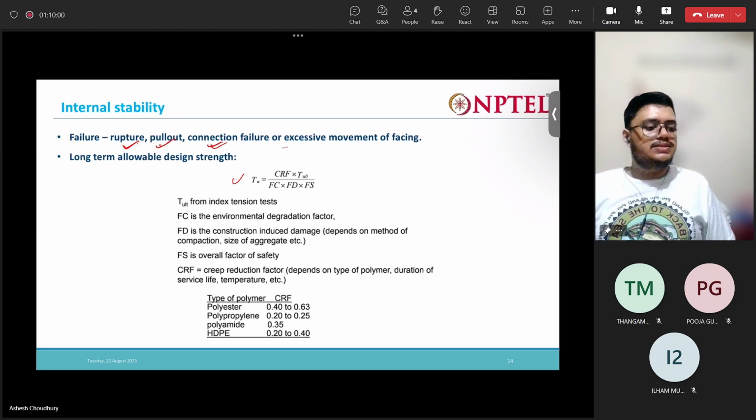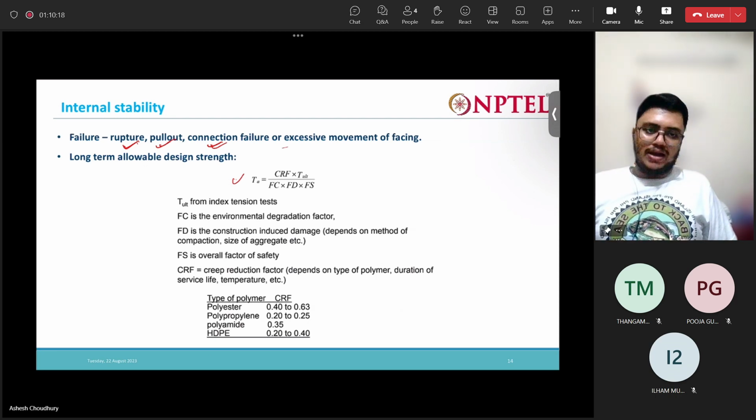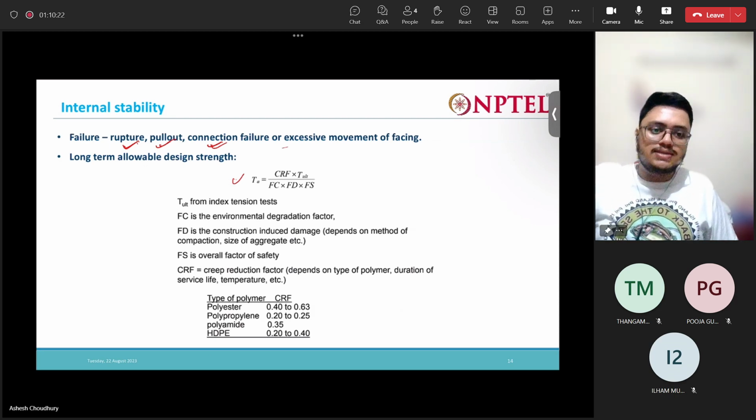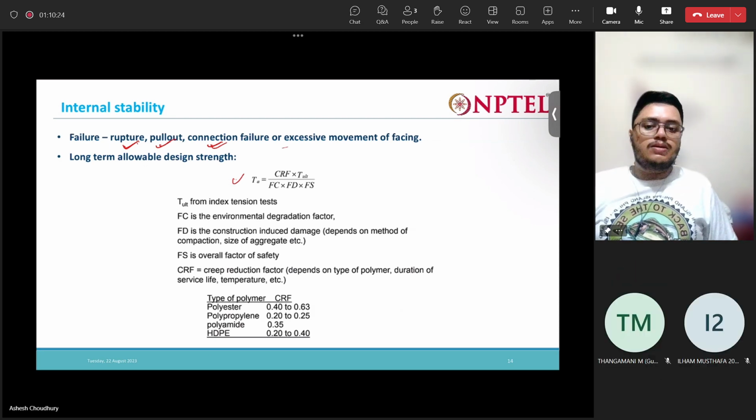Okay, so say if we consider this ultimate strength in your design, what will you do? There might be damage during construction. You are assuming that in the field also you will get the ultimate strength, but in reality, because of the damage, you are not getting this ultimate strength, and due to that, our structure may fail, may collapse. So we need to consider all these factors, and in order to do that, we use certain reduction factors.